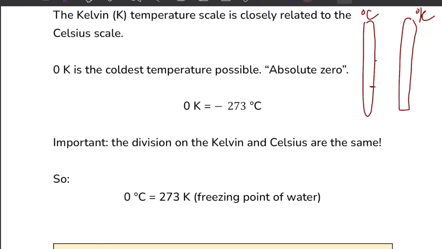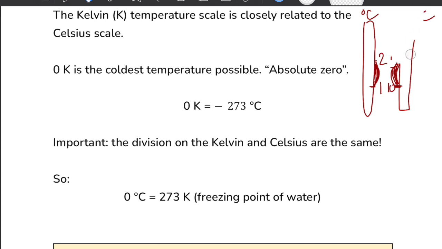I'm making these numbers up, okay, everybody? So let's say this is 1 to 2. On the Kelvin scale, if there's a number here, let's say 10, again, I'm making these up, this number would be 1 higher, 11. See what I mean? So the distance from here to here is equal to the distance from here to here between two consecutive numbers. This is what we mean when we say the divisions are the same, okay?